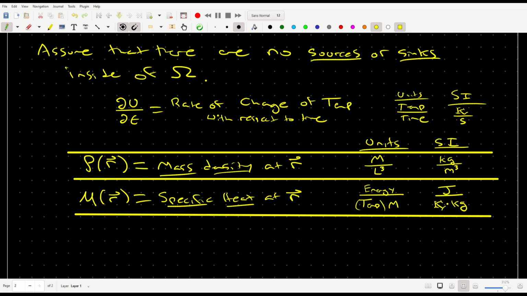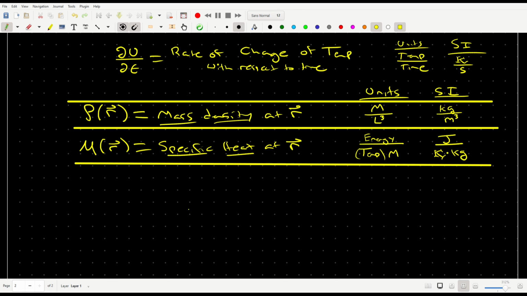And each one of these things we want to think of as a density in some sense. Well, when we multiply these three quantities together, mu times rho times the rate of change of u with respect to time.